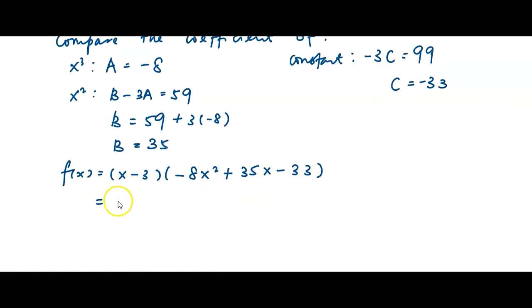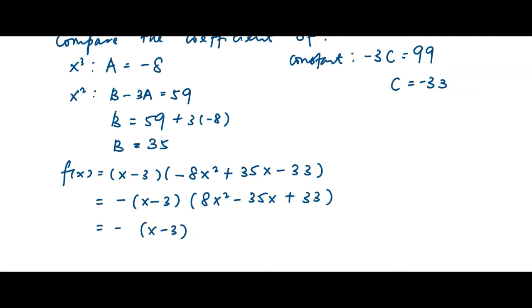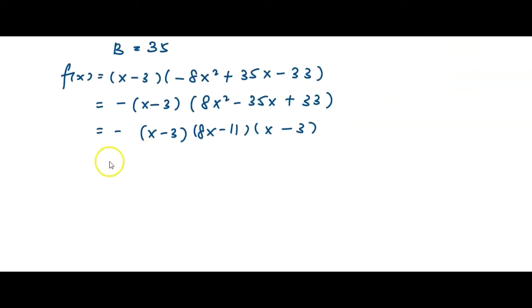Then we can actually factor out the negative first. Factor out the negative over here, you get 8x squared minus 35x plus 33. And now we're trying to factorize the quadratic factor. After factorizing, we have this. And in order to sketch the graph, the first step, I will get the roots first.